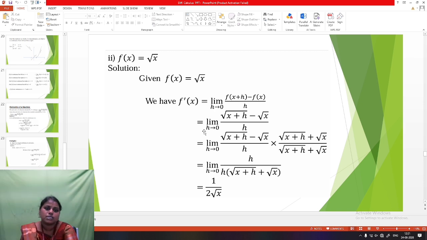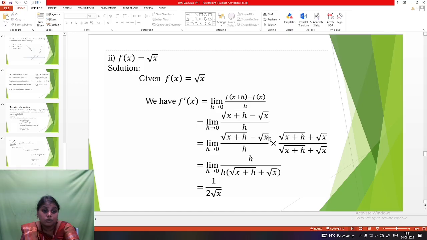Second example, root x. This is also the same format. F of x value is root x. F of x plus h value is root of x plus h. Root of x plus h minus root x, the numerator, so multiply by the conjugate.